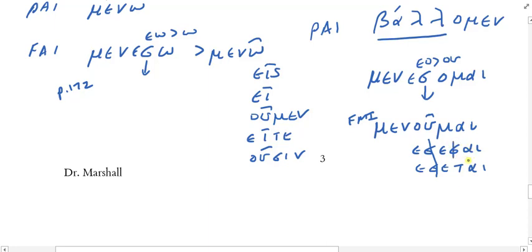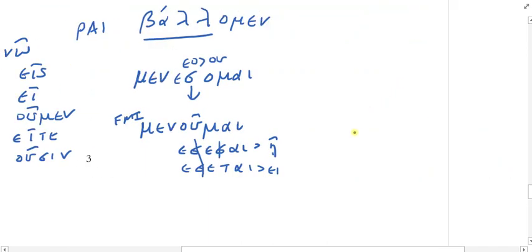This sigma is going to fall out, and we're going to have some really interesting things happen there. But this will end up being mene, okay, with an eta, which you've actually seen before, but without the circumflex. And this will be menesetai becomes meneetai, and then menetai with a circumflex there. Menetai.